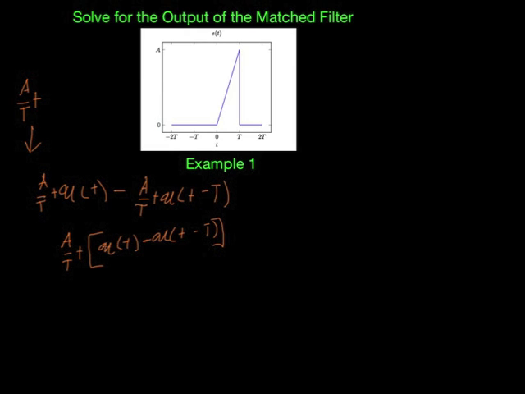And so now you can really see that this function is turning on at time t is equal to 0, and it's turning off at time t is equal to capital T. So that is how we would find the unit step form of S of t.